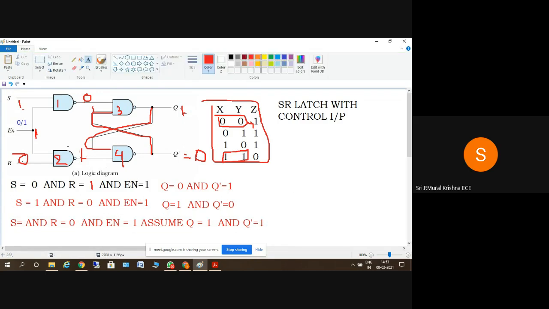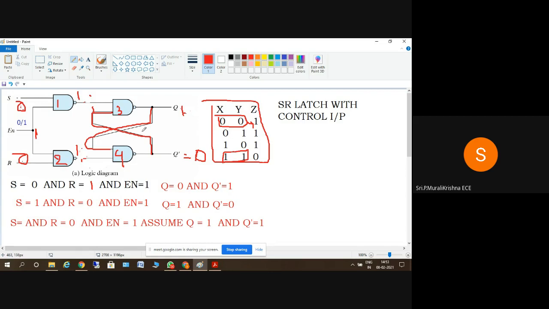We'll assume these values. Now we'll check here. So this is 0 0. And here when one of the inputs is 0, I mean here 0 1 and this is 1 0, both of the outputs will be equal to 1.